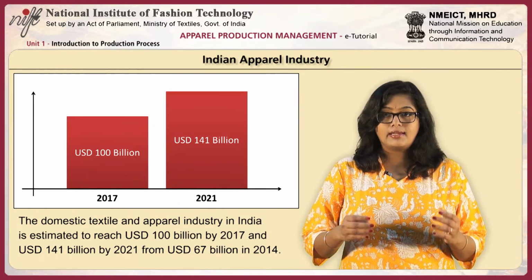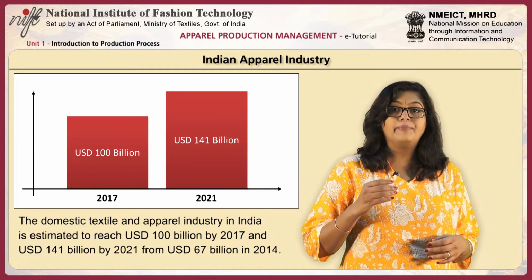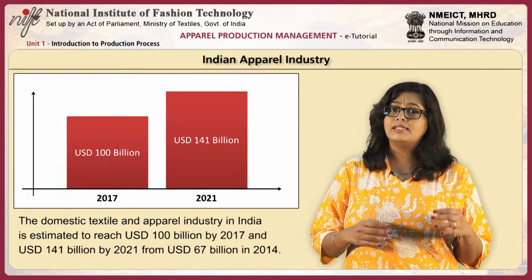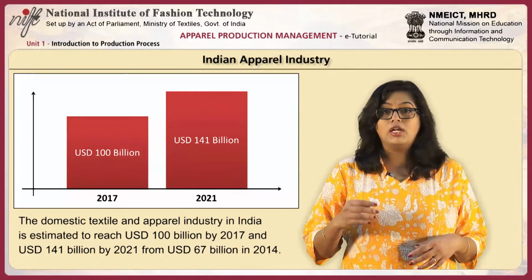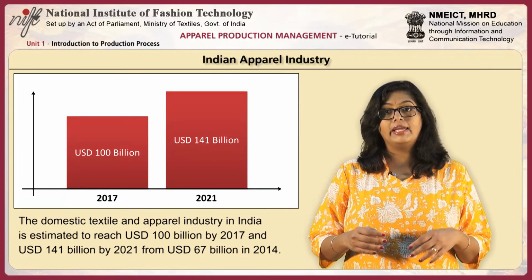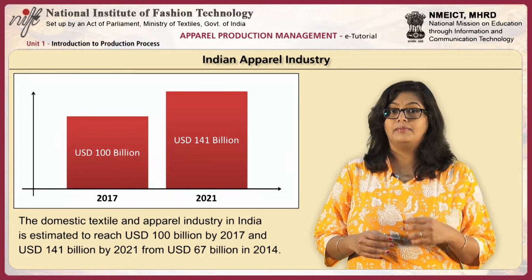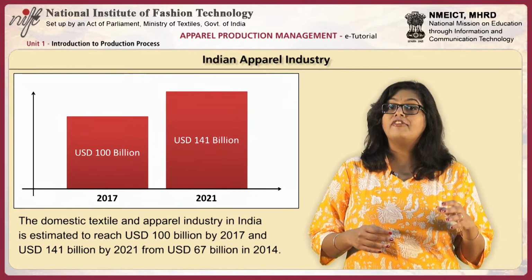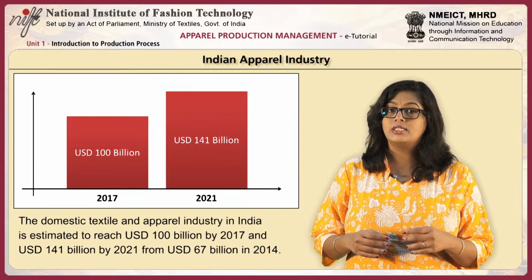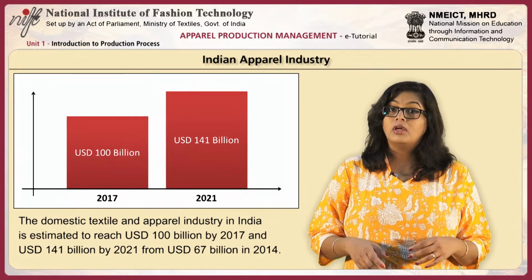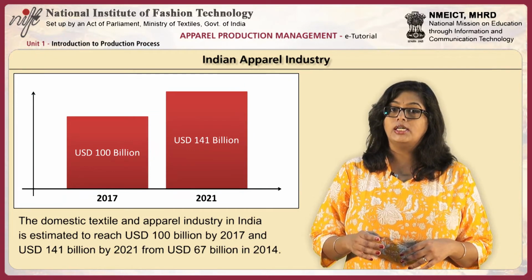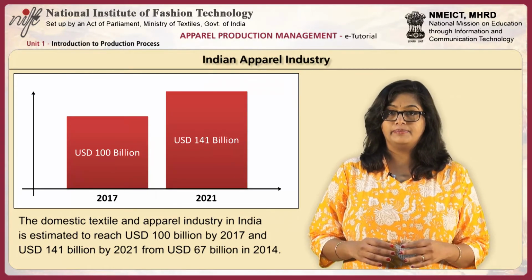The domestic textile and apparel industry in India is estimated to reach $100 billion by 2017 and $141 billion by 2021 from $67 billion in 2014.